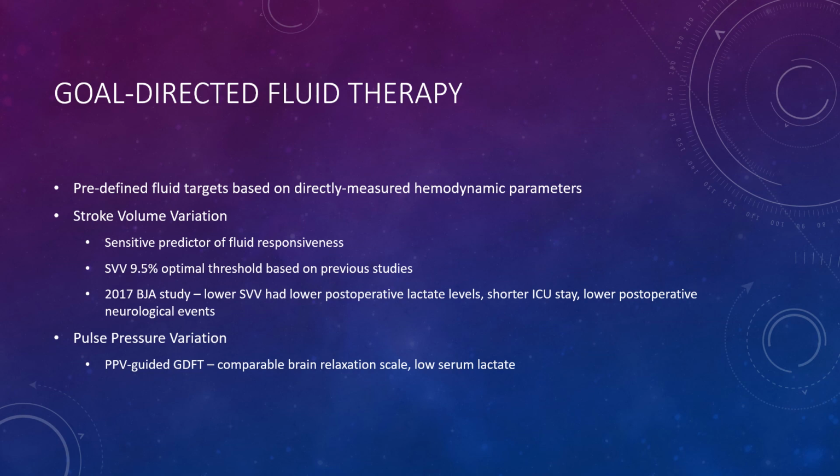And they basically found that stroke volume variation was a sensitive predictor of fluid responsiveness, and saw 9.5% as the optimal threshold based on previous studies.